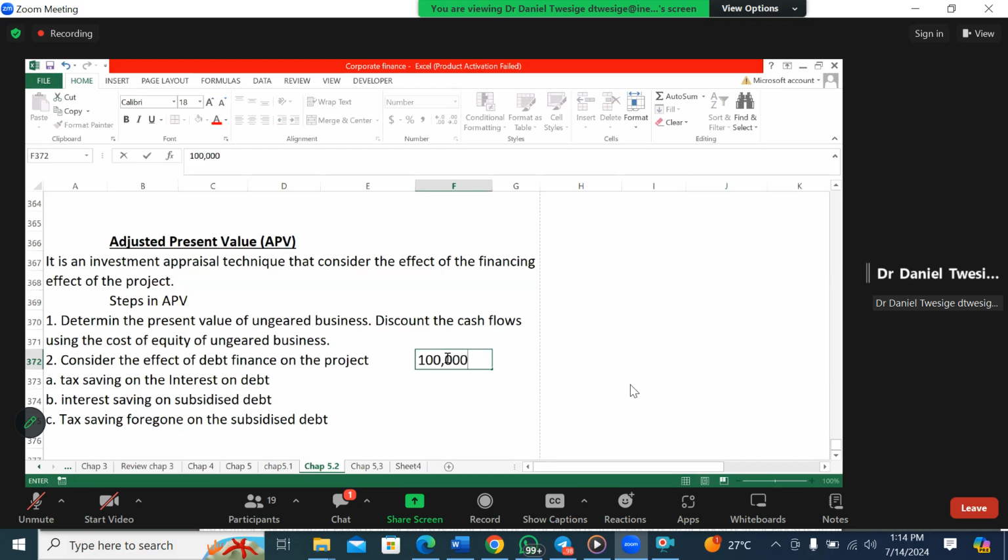But this loan is going to be 50% market or commercial rate at 15%. This is commercial. And another, this loan is subsidized from the government, and the interest is 8%.